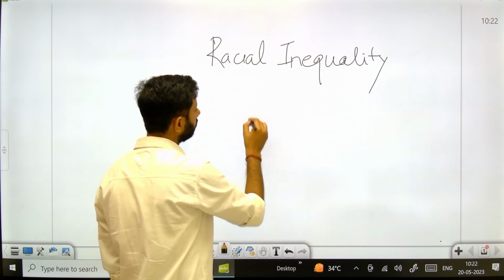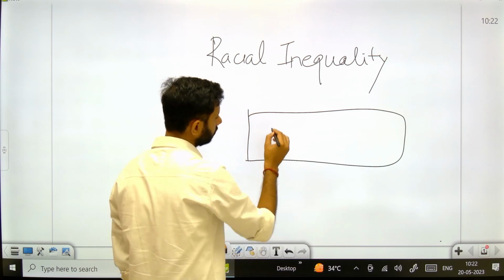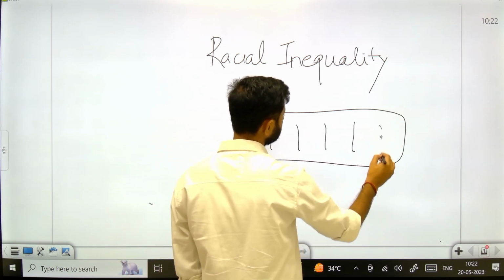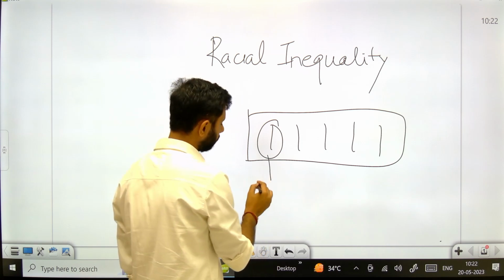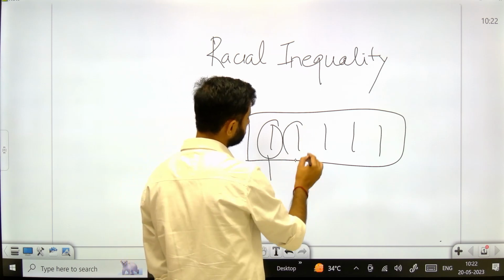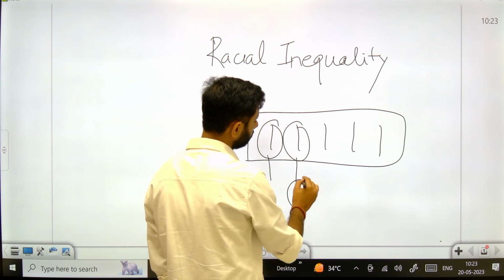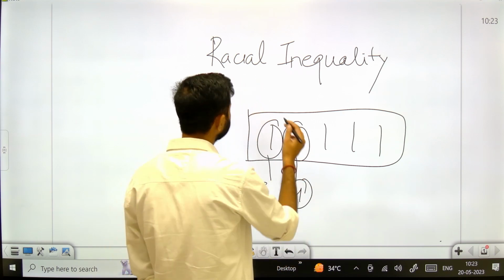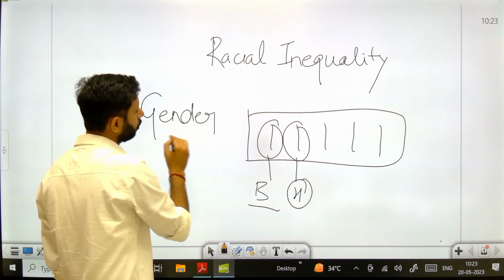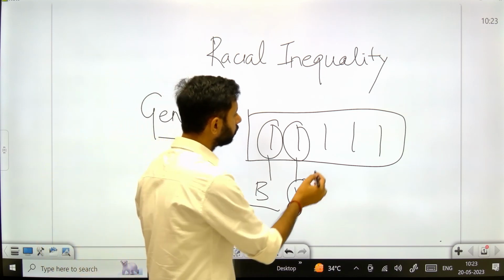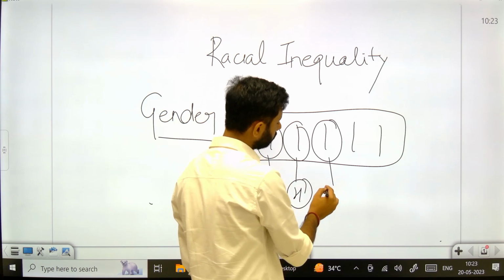So obviously, while employing its workers, USA will try to have one person from the black community, one person from the Hispanic community. And also to reduce gender inequality. Not only USA, India also wants that women should also join the workforce.